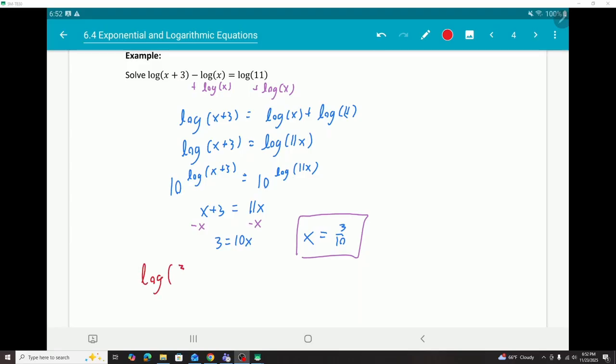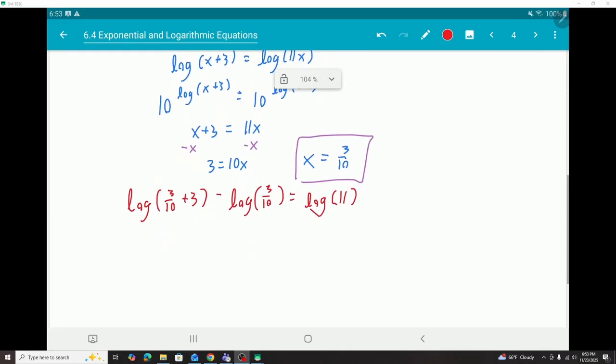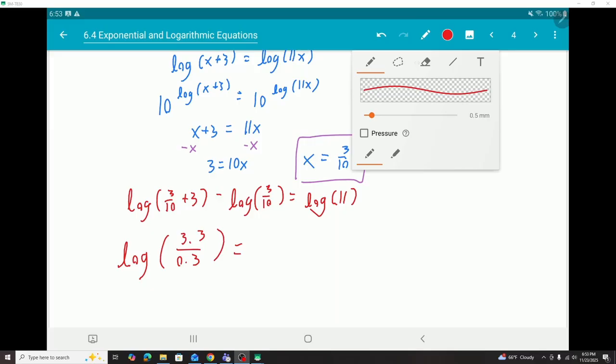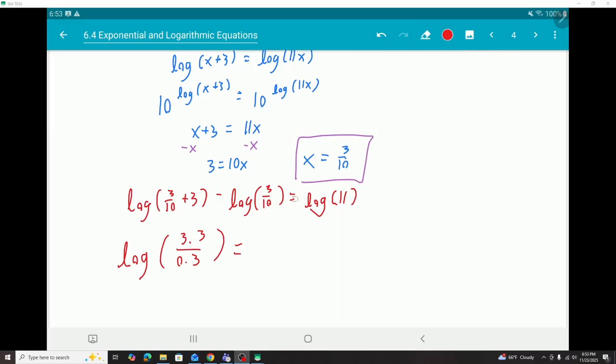Log of 3/10 plus 3 minus log of 3/10 equals log of 11. And then you could combine this if you want. This is log of, using log rules, 3.3 over 0.3. And here I should be careful not to write equals because I don't know if they're equal yet.